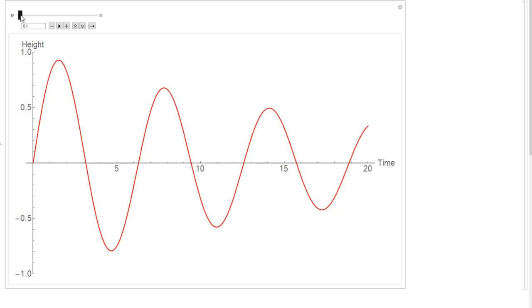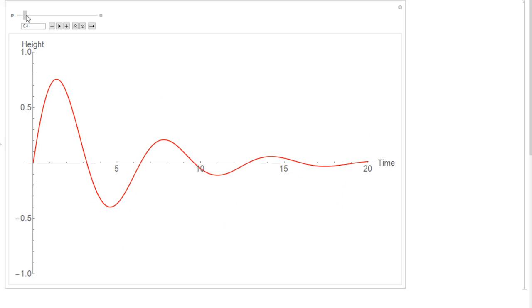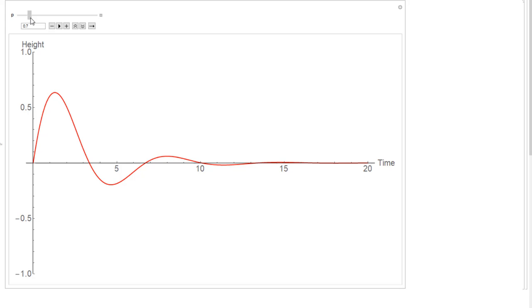Well, that's the kind of thing we would expect. There's friction in our system, the oscillations decrease. We increase this parameter a bit more, say, well, we're up to 0.7 now, and we can see that the oscillations are decreasing that bit more rapidly.